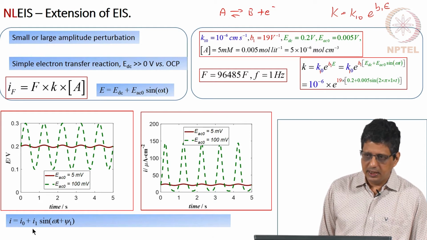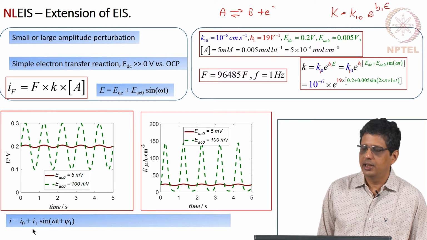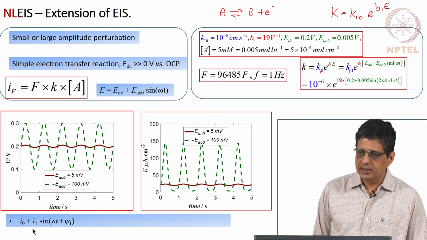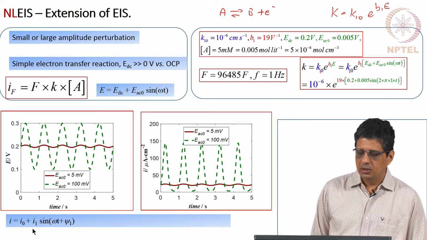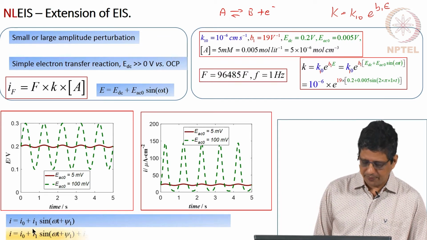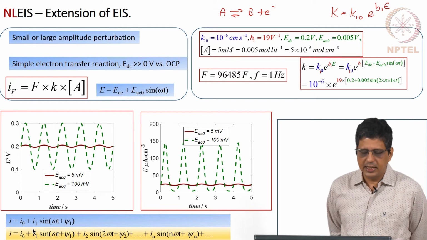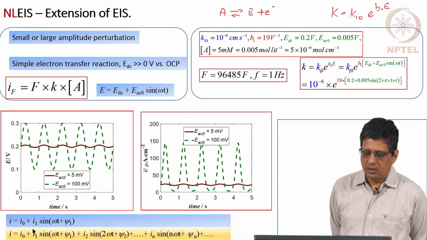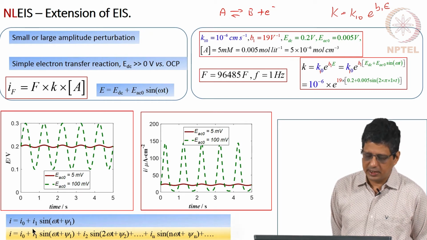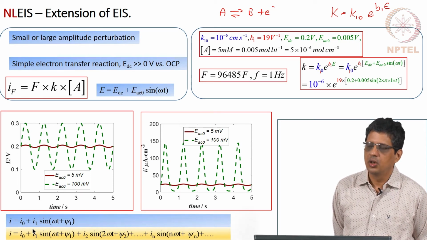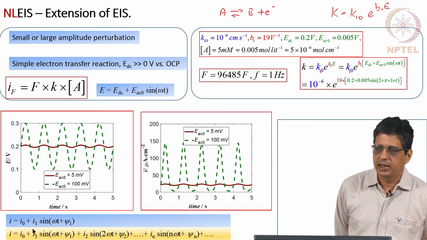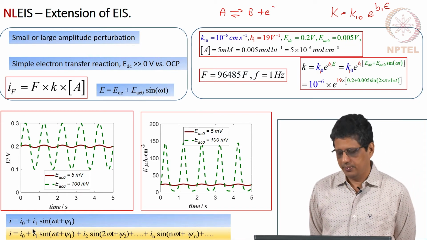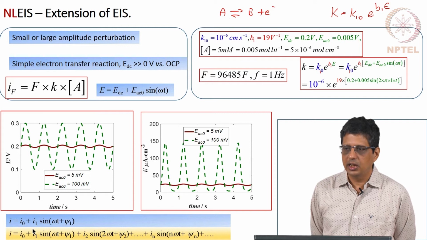It is not a simple sine, it is a nonlinear response, and if you do a Fourier transform you would find that this can be written as a sum of many sines with a DC offset: I0 plus I1 sin(omega t plus psi 1), I2 sin(2 omega t plus psi 2), etc. That means the response contains second, third, fourth harmonics. So, this is definitely a nonlinear response.